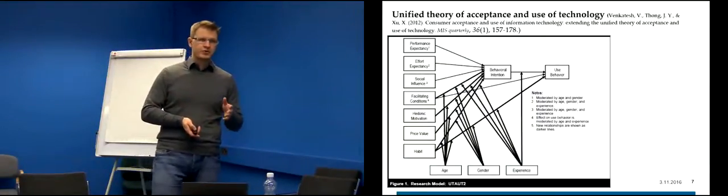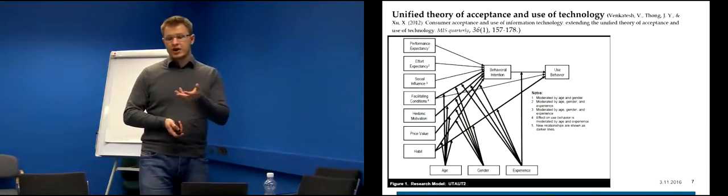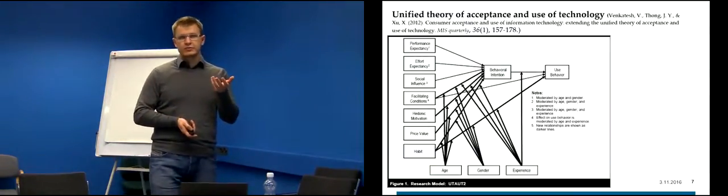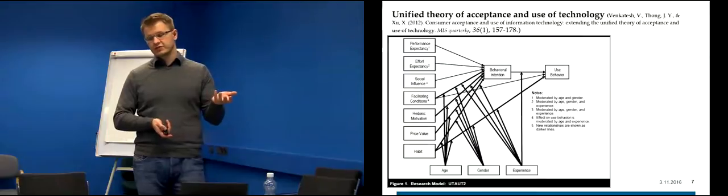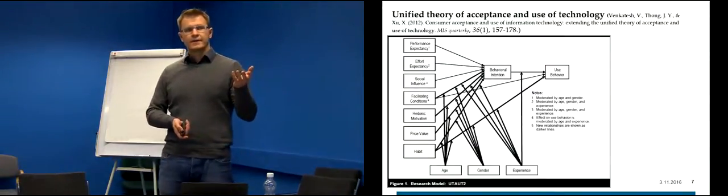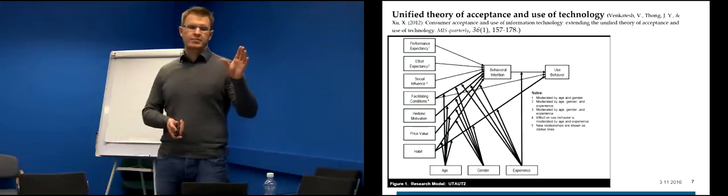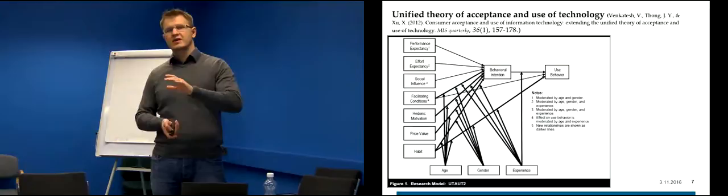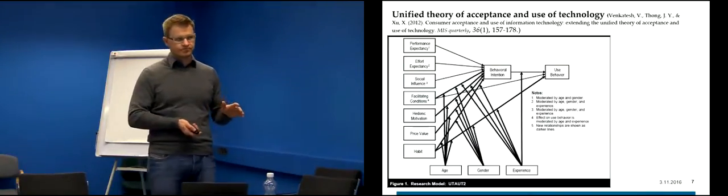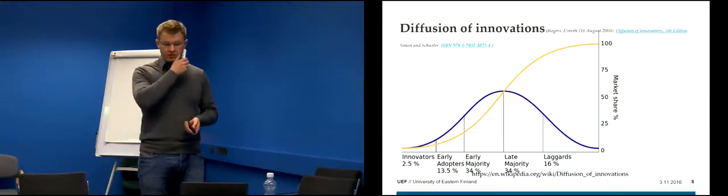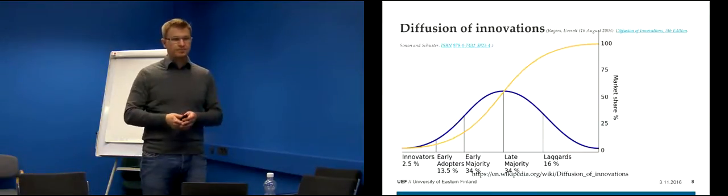And for example, when you are launching a new application, it's really good to do this kind of research to find out what kind of factors play a certain role, and in which segments, in use behavior of that application. And a lot of research on the topic has been done.